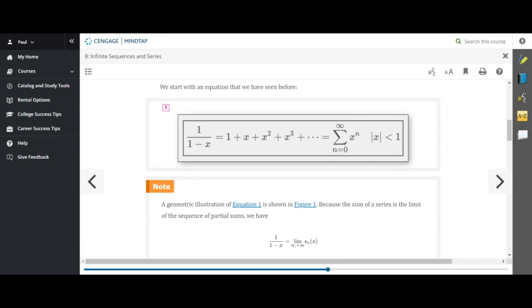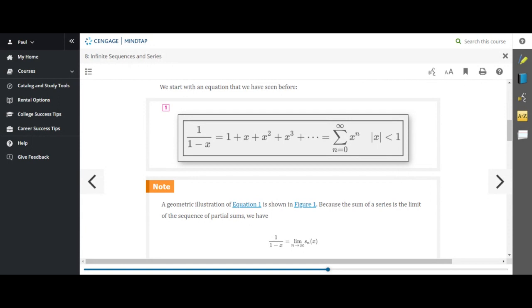So the function 1 over 1 minus x can be written as a power series. And in fact, this is a geometric power series with a common ratio x. And 1 divided by 1 minus x will equal its power series that you see in the gray highlighted box there for values of x between 1 and -1.